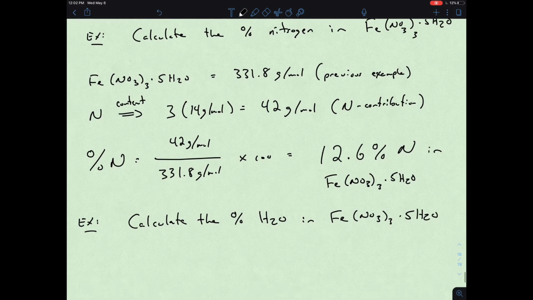It would be kind of the same gambit. It's just showing you that we don't have to be in terms of a monoatomic or an element. We could be part of a polyatomic in terms of the percentage. So we still have our 331.8 grams per mole.